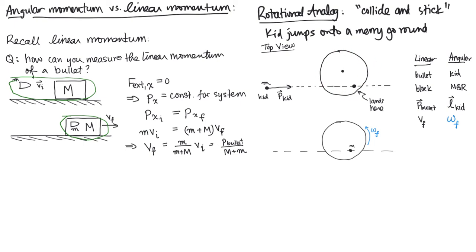So things that can affect the angular momentum include how far from the pivot the kid lands, so the magnitude of r. So the angular momentum can depend on the magnitude of that r vector, can depend on the magnitude of the kid's momentum, that vector, and also the relative angle between the momentum of the kid and where the kid lands.